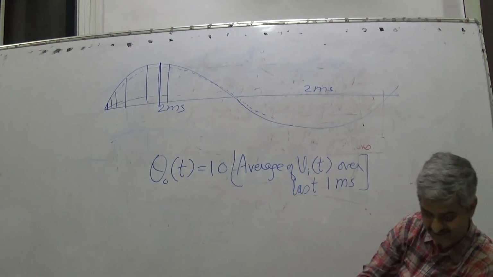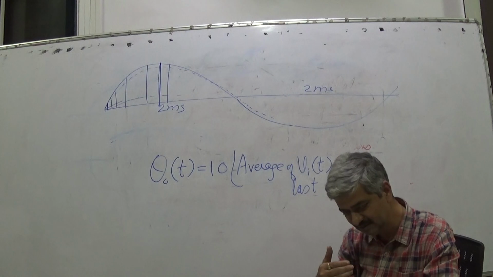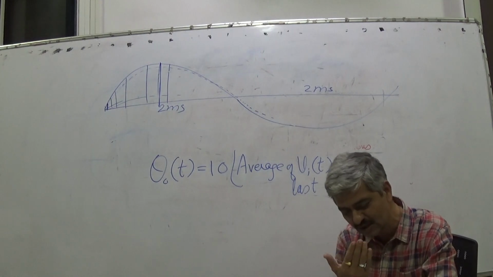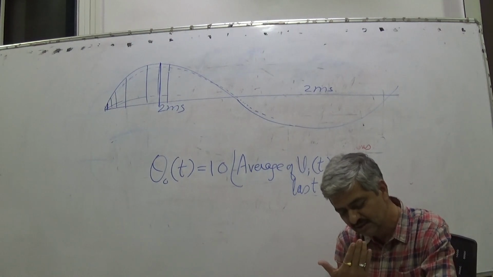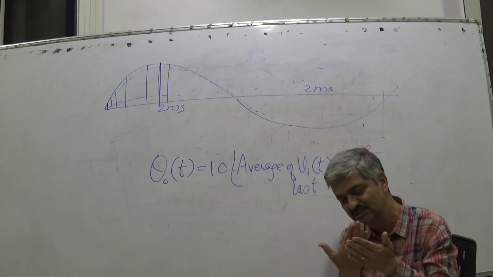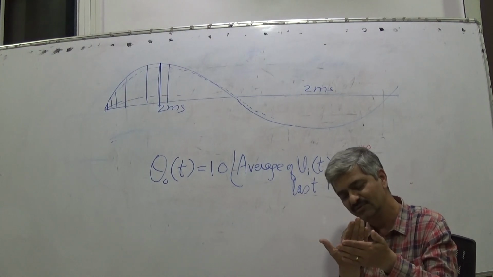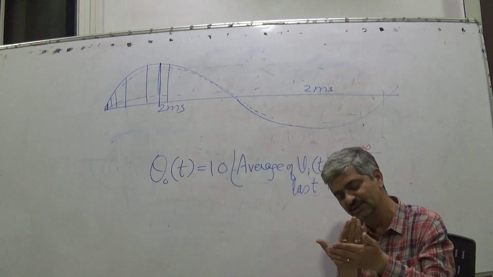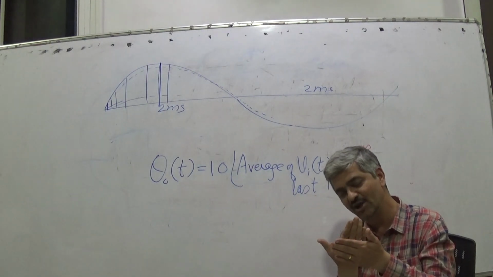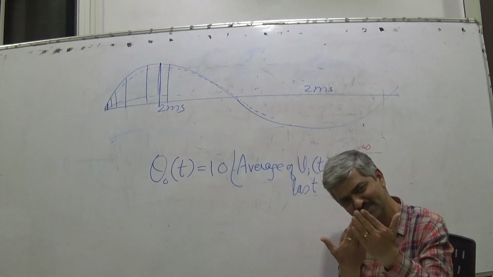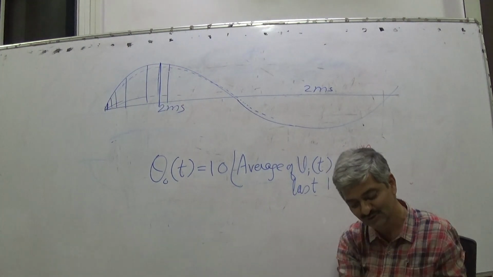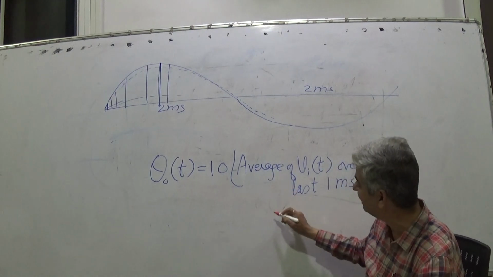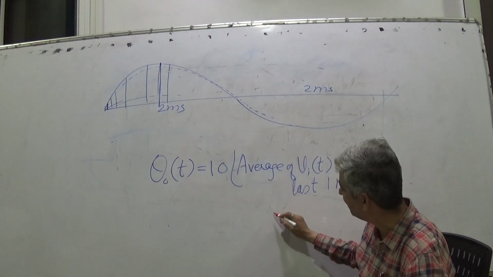In fact, when you consider what you are today, it is because of what you received just now to a large extent. Your response depends mostly on what you receive now, then to some extent on previous things and so on. So in fact this average is not a plain average.